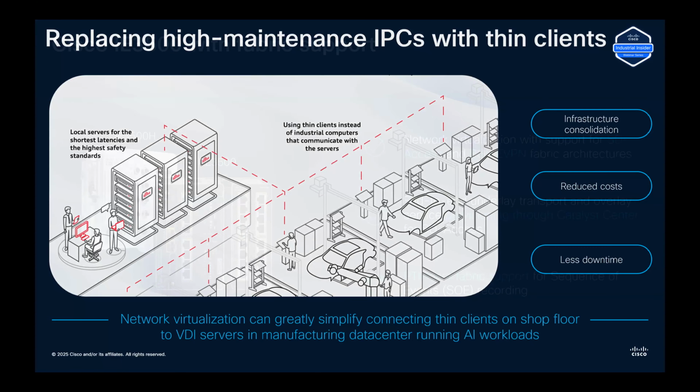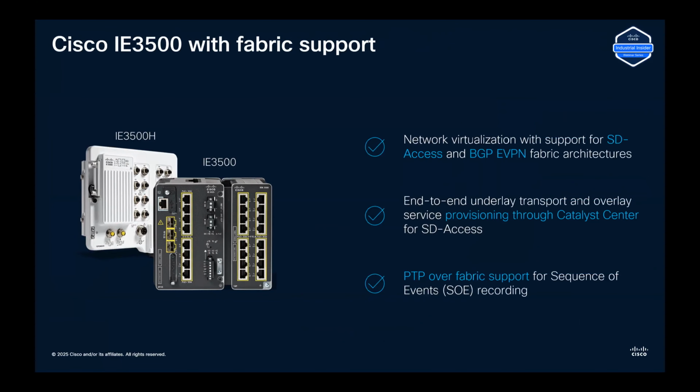So what do we need here? Of course, we need that high bandwidth, which we already covered. You might need PoE to drive those thin clients. But we also need this high capacity, scalable fabric to connect all of those thousands or tens of thousands of PCs out on the factory floor over into that VDI infrastructure. So what do we have?